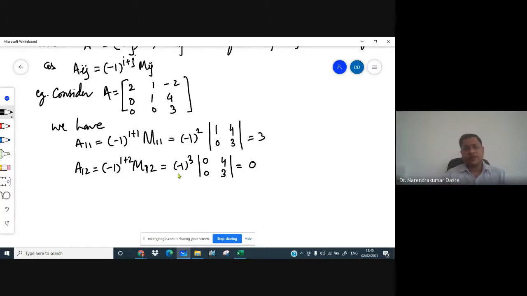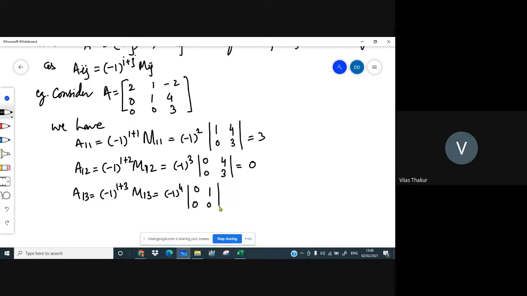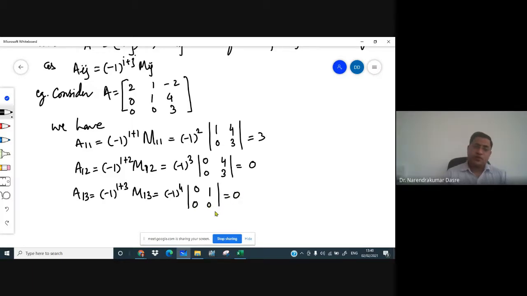Minus 0 is the same as 0, so we don't have to write minus. Then A13 is minus 1 raised to 1 plus 3, so minus 1 raised to 4, times M13, the determinant of 0, 1, 0, 0. Again, it is going to be 0.